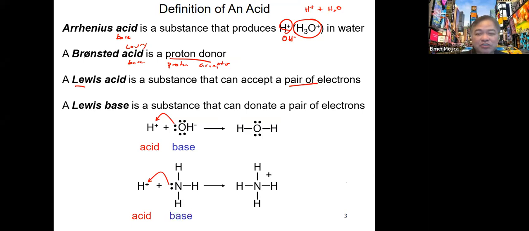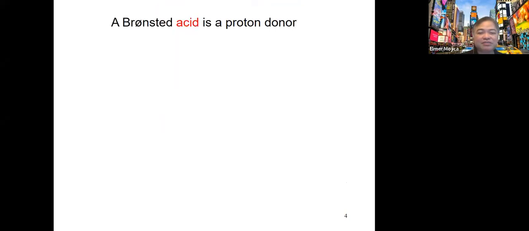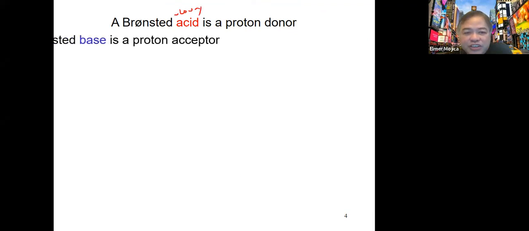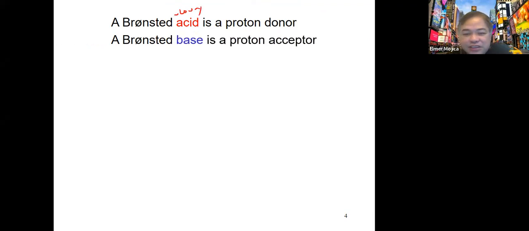So the one that we're going to focus on is the Bronsted-Lowry, or what we call the Bronsted acid. I'm using Chang, but other books say Bronsted-Lowry. Okay, so Bronsted-Lowry acid, that's a proton donor. Bronsted base is a proton acceptor, or we could say the acid-base reaction is just what?